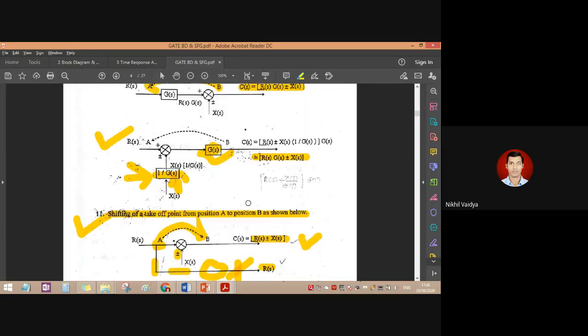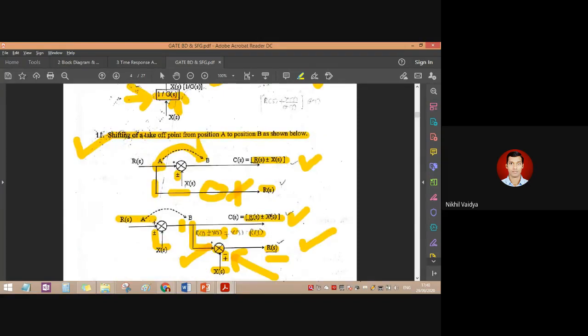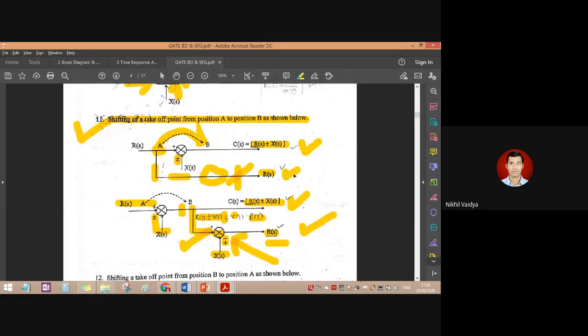So this is the same value that we got here, r of s into g of s. So when we are getting this value, here we will get the same value, that is r of s and r of s.